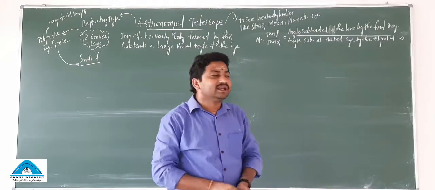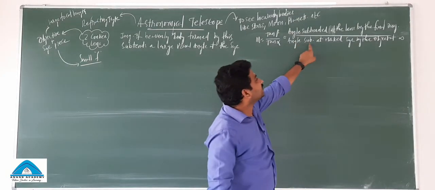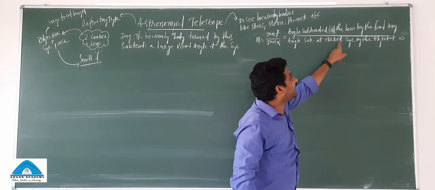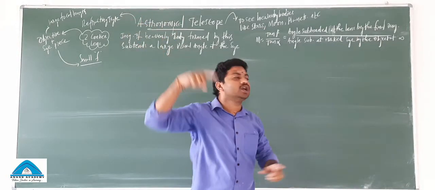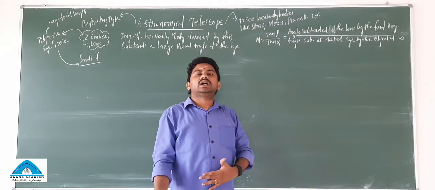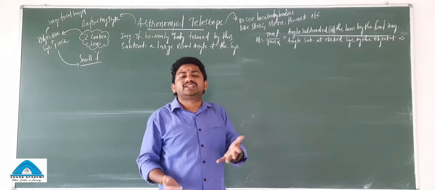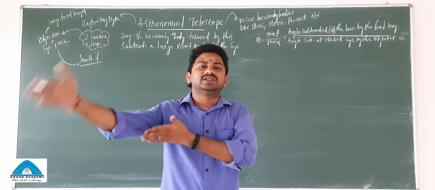In that case, alpha is the angle subtended at the naked eye by the object at infinity. So that is tan alpha. Now what is tan beta? Tan beta is the same, the angle subtended by the image on the lens.